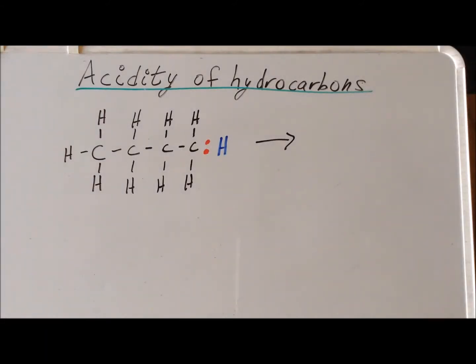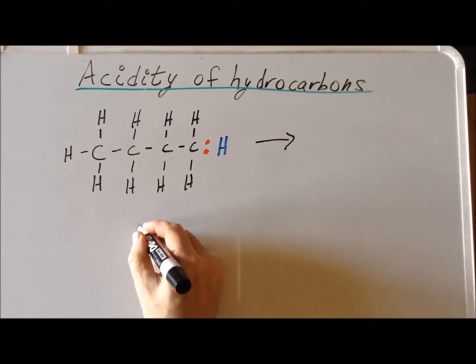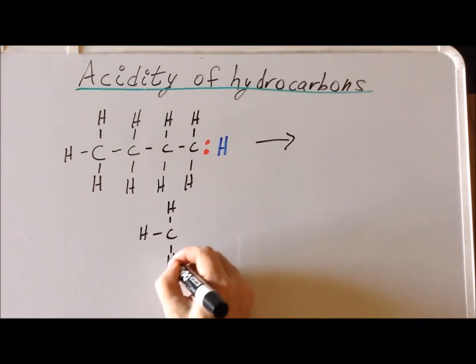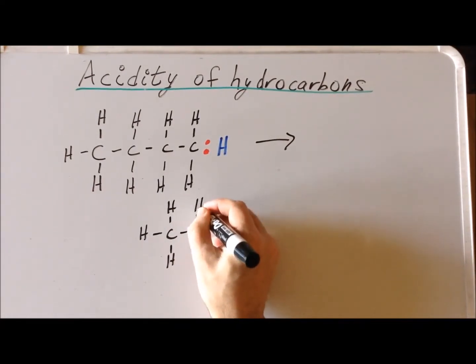The fourth and final alkane that we're going to look at in this video is butane, specifically N-butane, where N stands for normal, the straight-chain butane. When N-butane acts like an acid, we have the following conjugate base formed: the butyl anion.